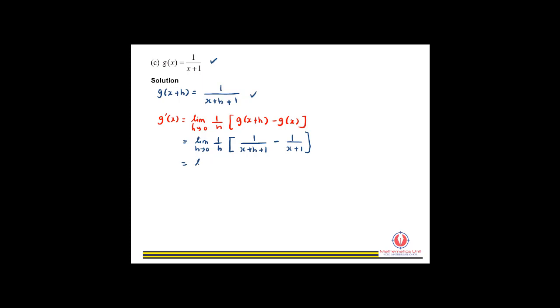Okay, next what we should do is we need to equate our denominators. So now multiply here x plus 1 with 1, you will get x plus 1 minus x plus 1 plus h. Okay, don't forget to write down our bracket here, over x plus h plus 1 times x plus 1.